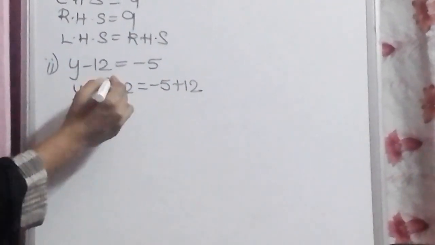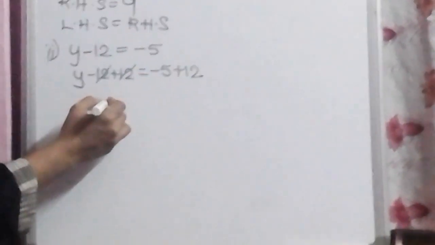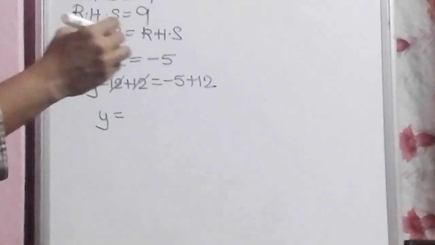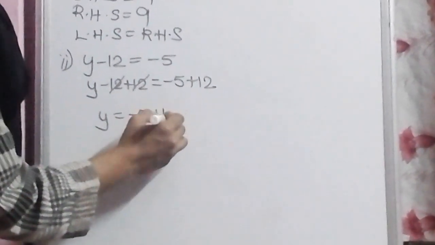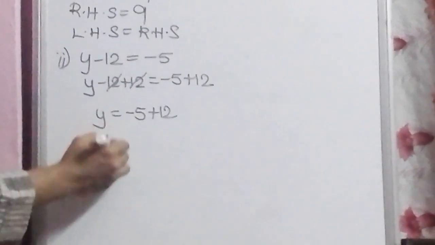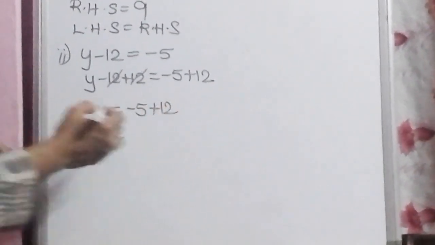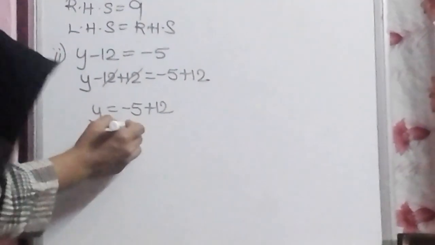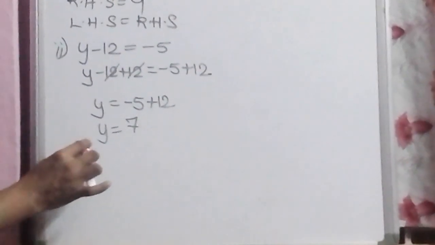So here this and this get cancelled. Now y is equal to minus 5 plus 12. So this is equal to 12 minus 5, which is how much? 7. So we got the value of y is equal to 7.